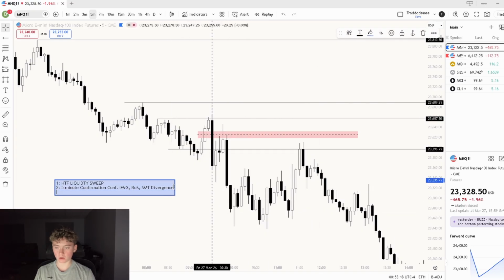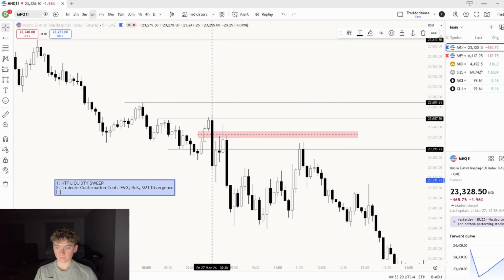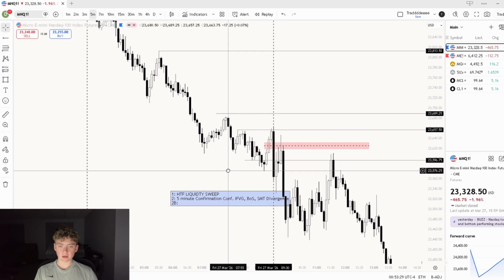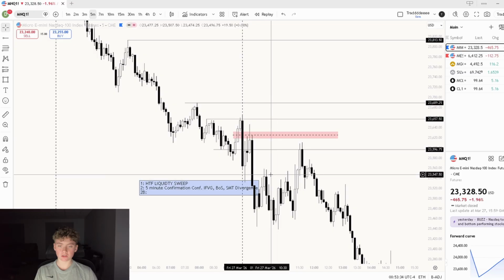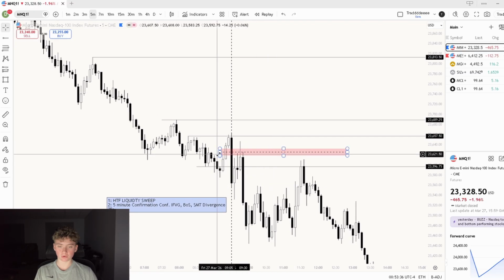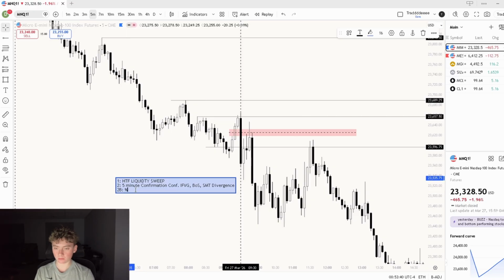There is one nuance here with step 2 that I want to add real quick. Call it 2B. Let's say that we get a liquidity sweep before market open, in pre-market or in London session. We want to wait for a 5-minute liquidity sweep in market open.